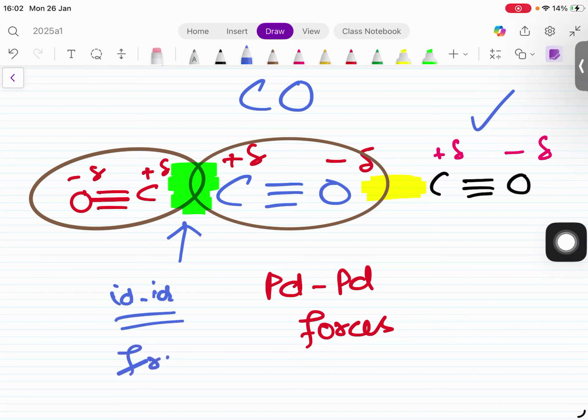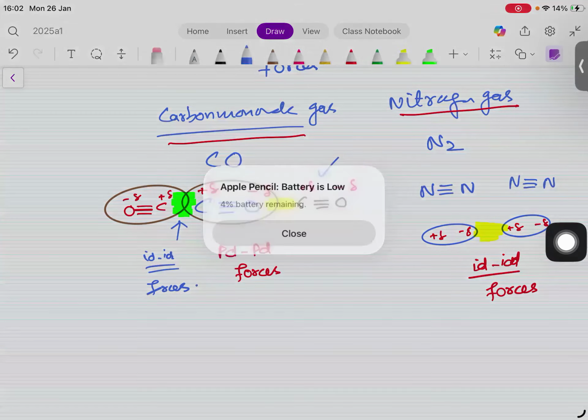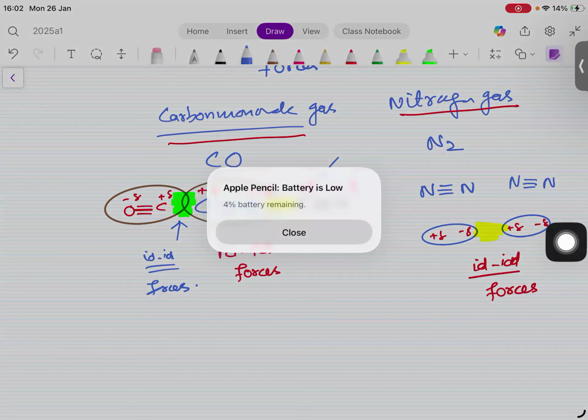ID forces. So I hope you are getting it: polar molecules have both types of forces, permanent and induced. Because their permanent dipoles are not always attracting each other in the opposite way.